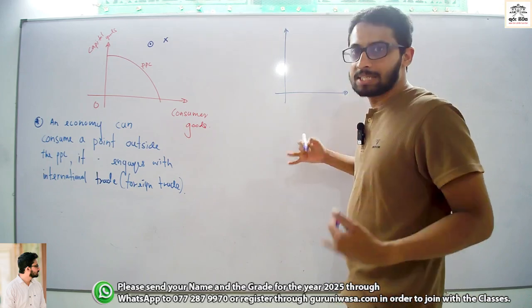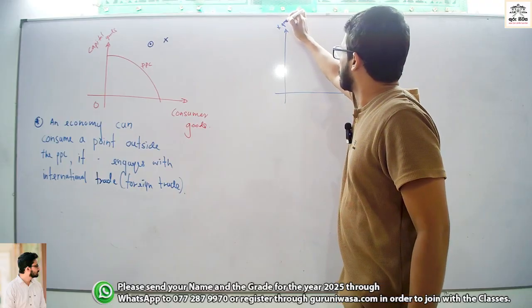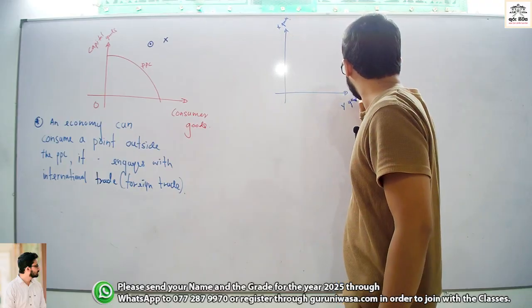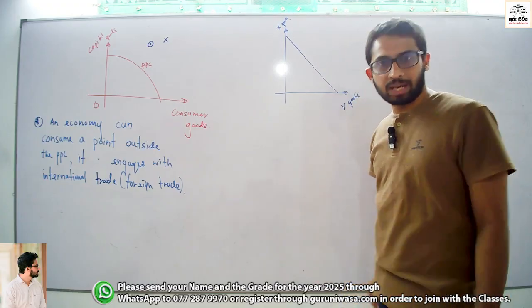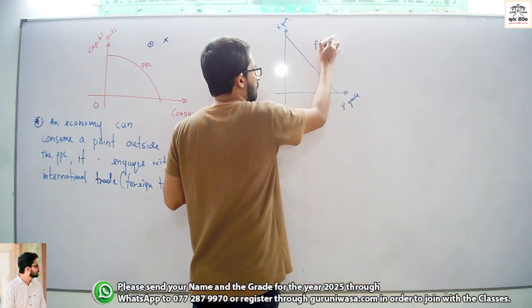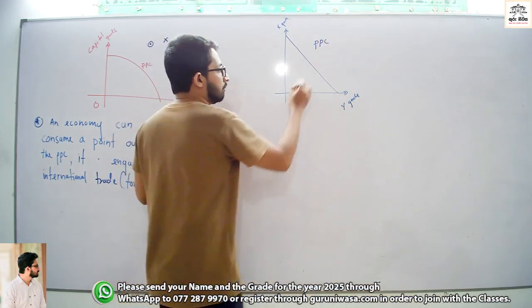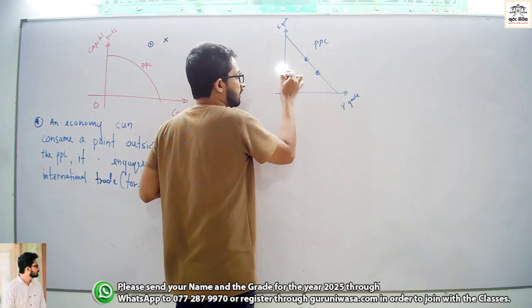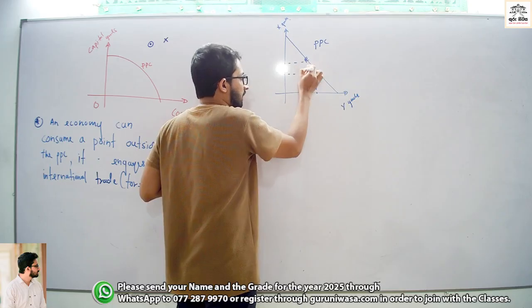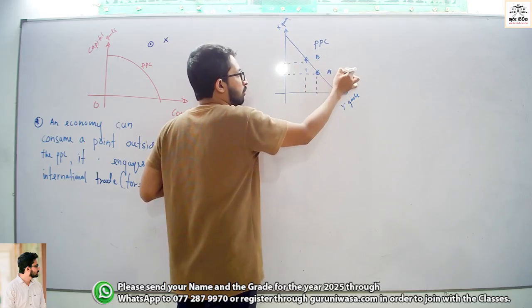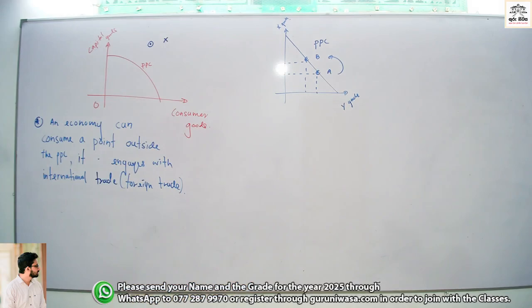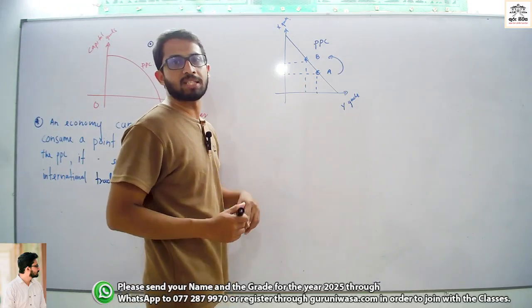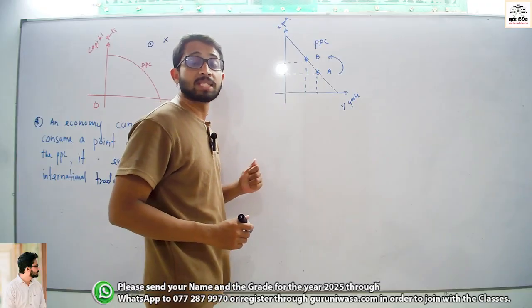Assume X goods and Y goods. If the PPC is a straight line, it shows constant opportunity cost. When moving from point A to B, production efficiency doesn't change. Why? Both A and B show production efficiency, so it stays the same. Opportunity cost is also the same. Why?